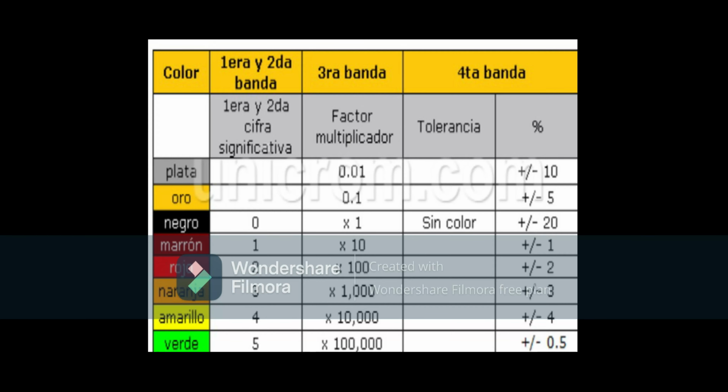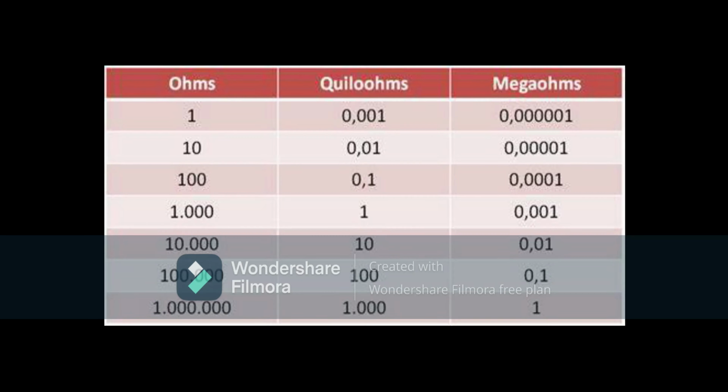The colors of the resistor bands do not indicate the power it can dissipate, but the size of the resistor gives an idea of the maximum dissipation it can have. There are resistors with values in ohms, kiloohms, and megaohms. These last two units are used to represent very large resistors.